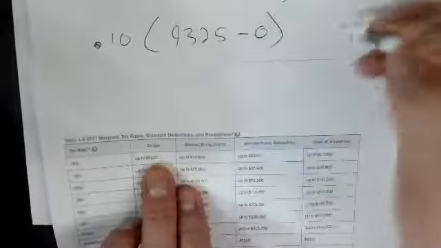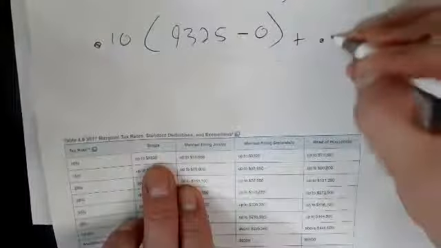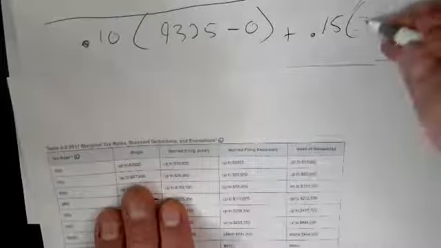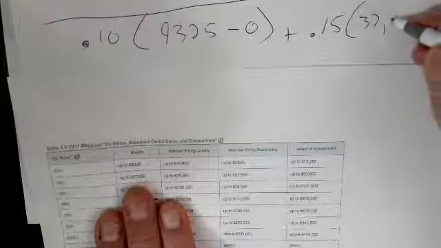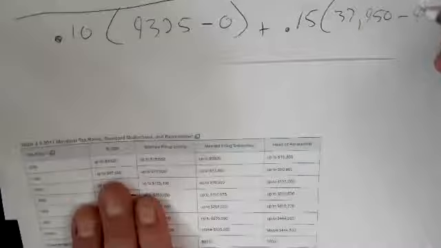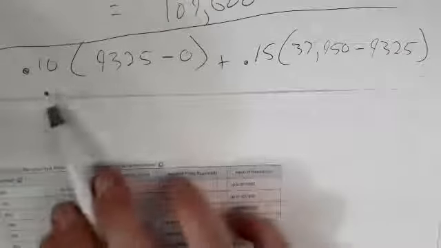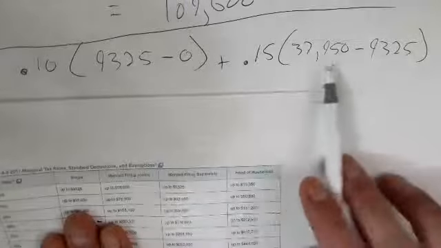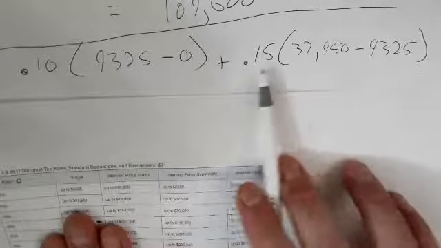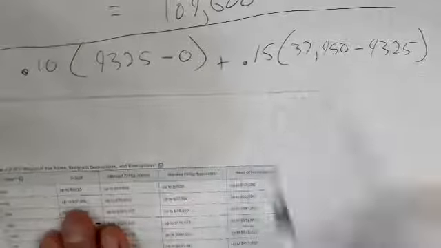If you want to subtract this from 0, you can. I do that just for the pattern, to help you see it. The next is 15%, for everything from 9,325 to 37,950. So I'm writing these intervals: from 0 to 9,325 gets the 10% treatment, and from 9,325 to 37,950 all this money gets the 15% treatment.